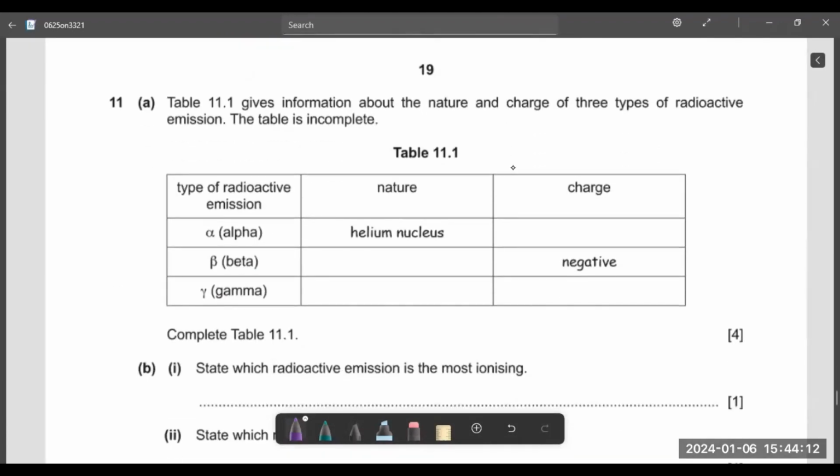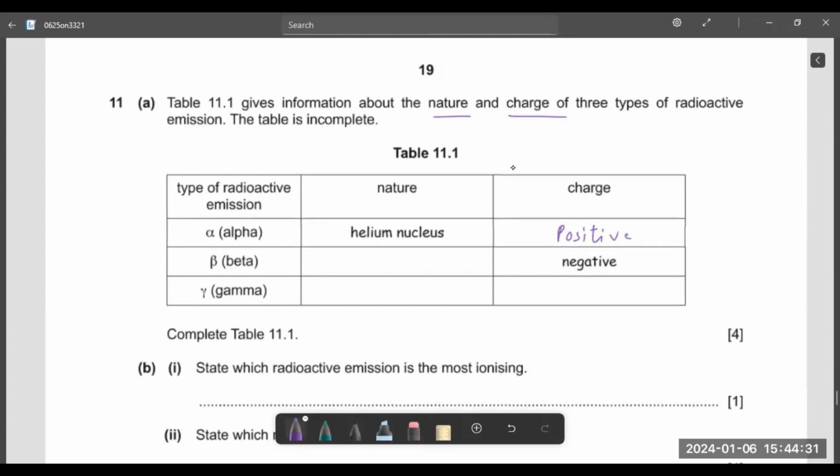Next, figure 11.1 gives the information about the nature and charge of three types of radioactive emission, alpha, beta and gamma. So we need to complete this table. Alpha is a helium nucleus. Alpha means it is positive charge.